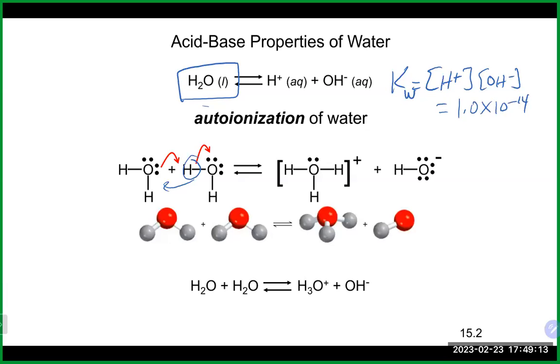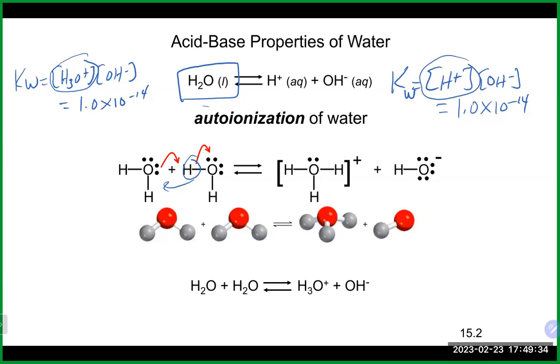Now, sometimes you will see Kw written, as we also talked about last time, as H3O plus times OH minus. And again, as we talked about, H3O plus and H plus are really used interchangeably.